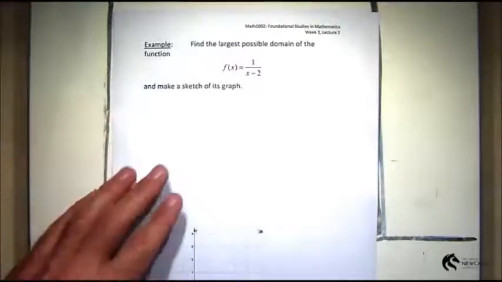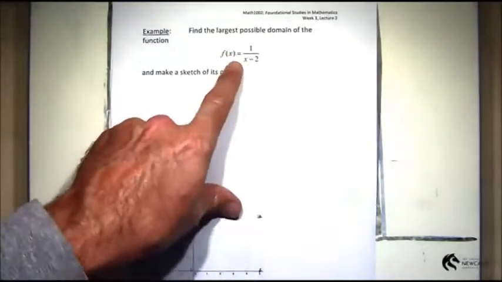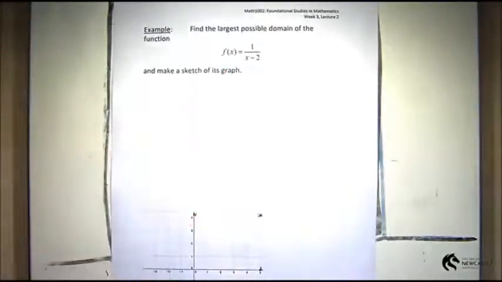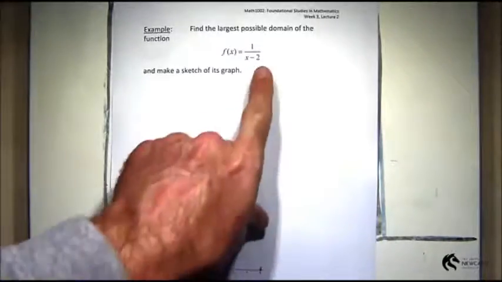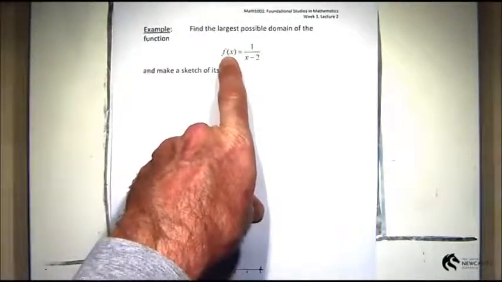So here's another one. It says, find the largest possible domain of this function and make a sketch. So again, this is at the hard end of the scale. The first part's not. The domain is fine. The domain says, for what values of x can I actually calculate a value for f?